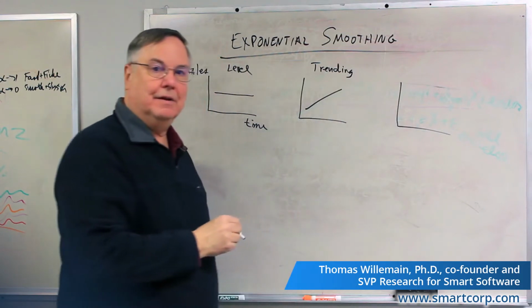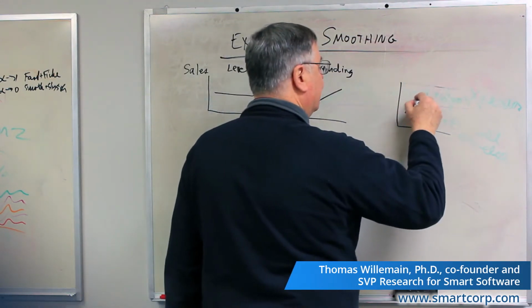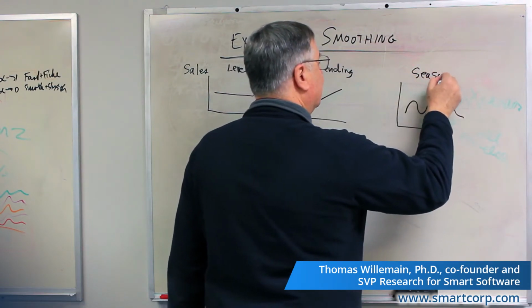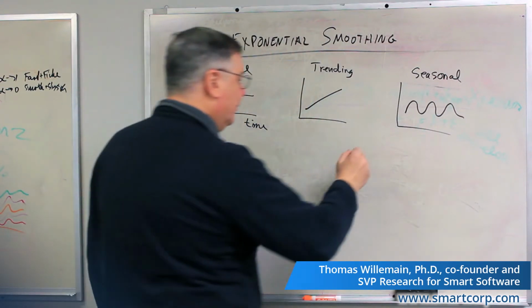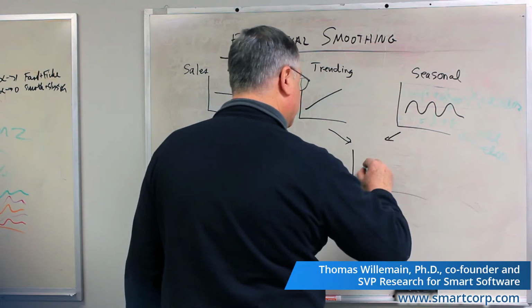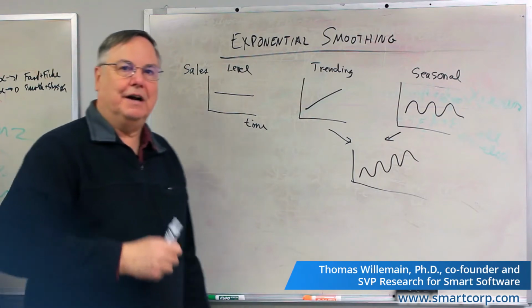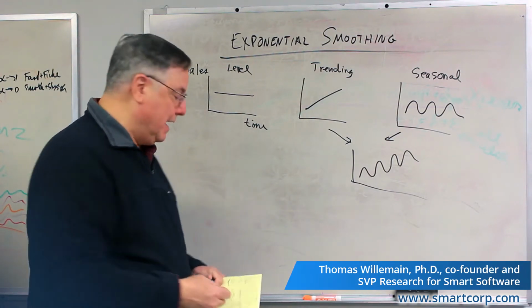That's a trending variable. Or we may have one that looks like this, and that's seasonal. You can also, I guess, have a combination of these where it's seasonal but it's also trending. So those are the ideal types of data that we're imagining we've got.